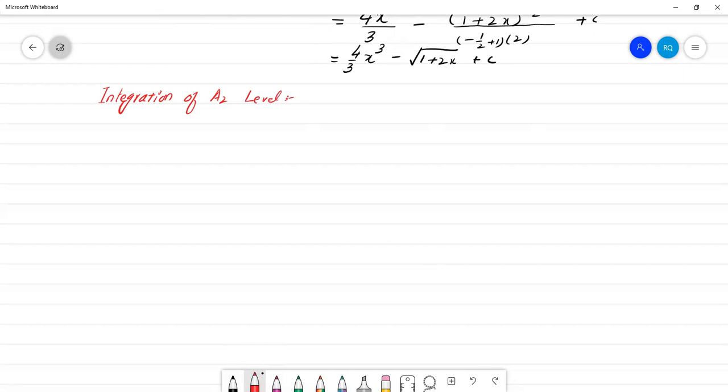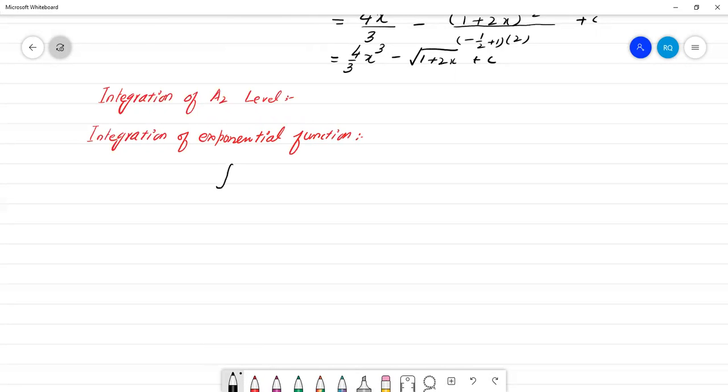How will I start? The first one is integration of exponential function. I will explain this one: the first formula, I will make it black color.